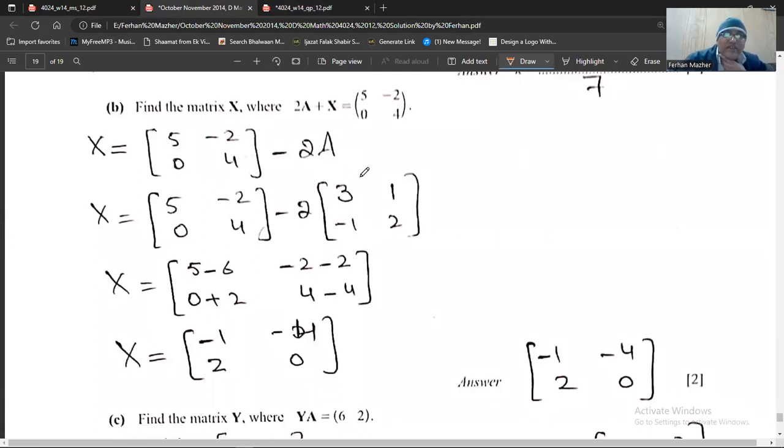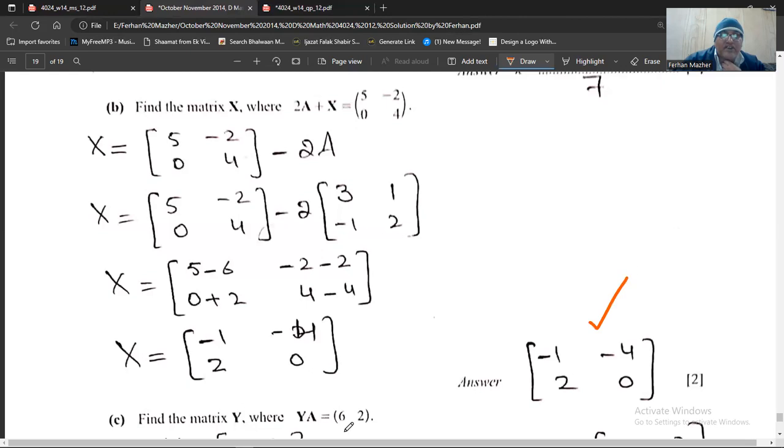Put the value of the A here, 3, 1, minus 1, 2. So 5 minus 6, minus 2 minus 2, 0 plus 1 plus 2. It will be 0 plus 2. 4 minus 4. It will be minus 1, minus 4, 2, and 0.